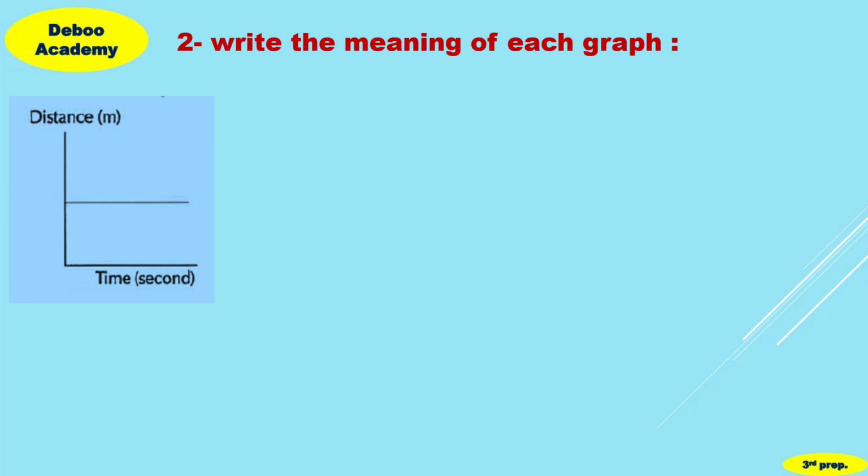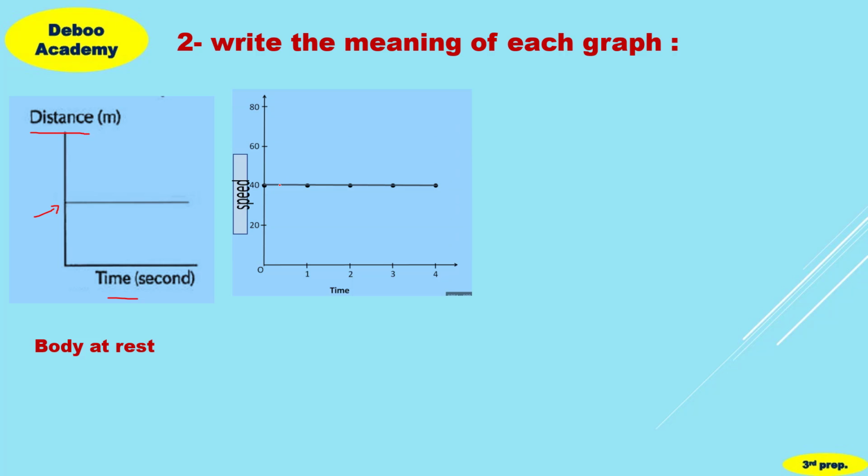Now, write the meaning of each graph. This graph is between distance, here, and time. This means the body is at rest. There is no moving because the distance doesn't change. In the second graph, the speed is constant.